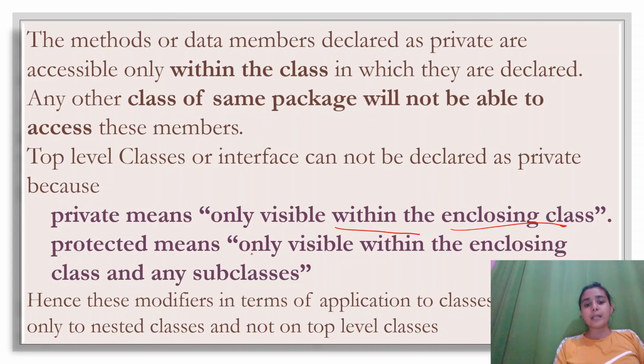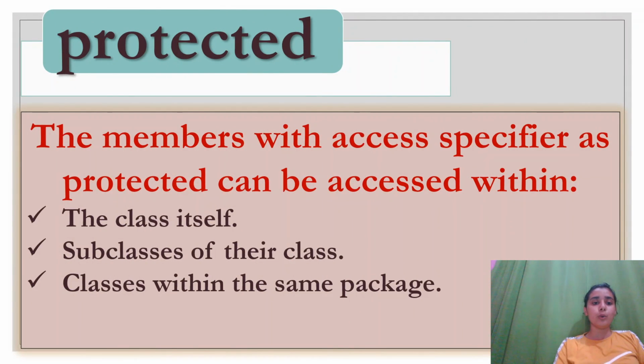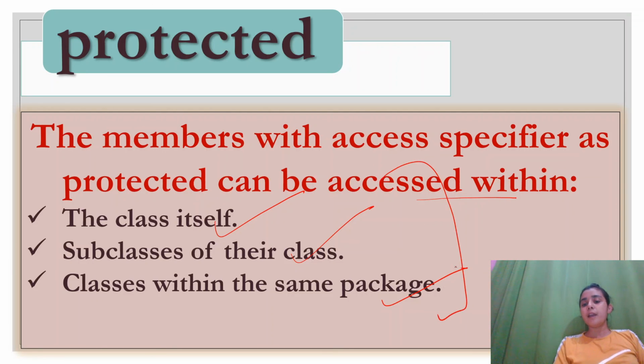Protected means visible within the enclosing class and any subclass, even outside the package. Members with access specifier protected can be accessed within the class itself, the subclass, and the classes within the same package. But if the package is outside and the class is not a subclass, then it will not be accessible.